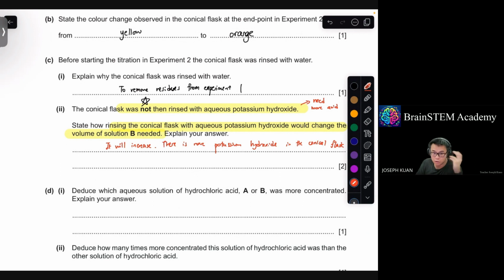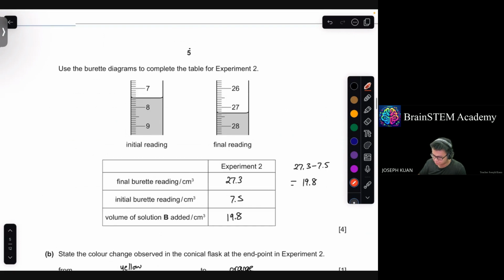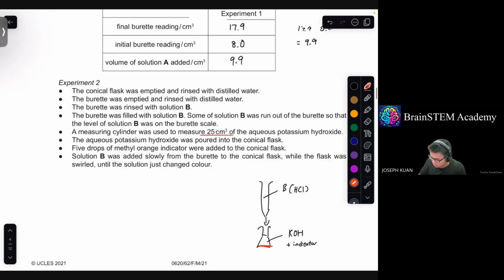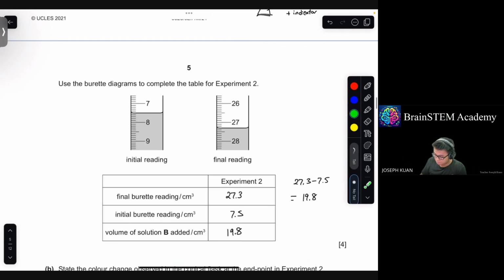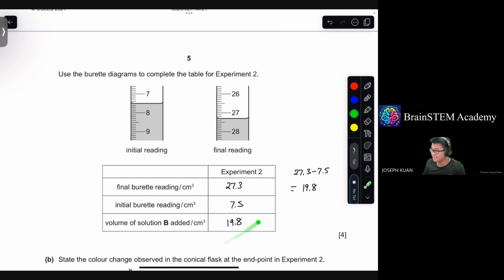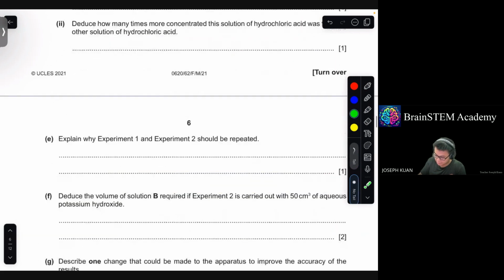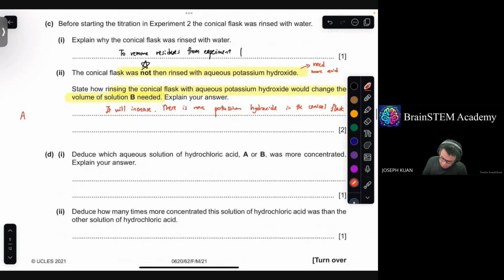All right, moving on to D. Deduce which aqueous solution of hydrochloric acid, A or B, was more concentrated. Explain your answer. Now, let's see. For A, we're using 9.9 cm cube of acid. In B, we're using 19.8 cm cube of the acid. Let's write it down. So A and B are acids, and this one has less, this one has more.